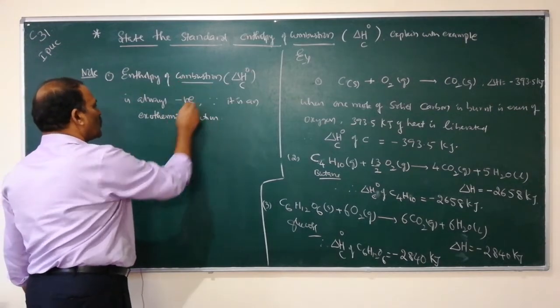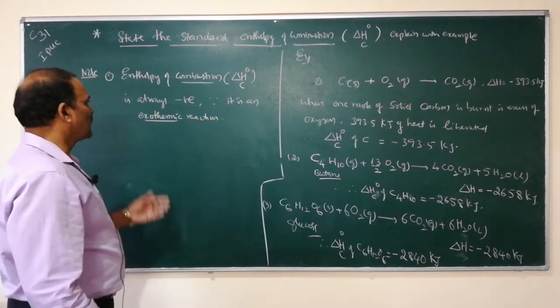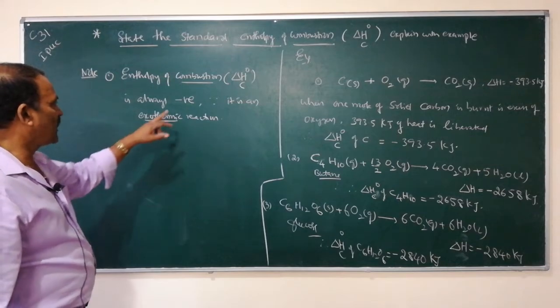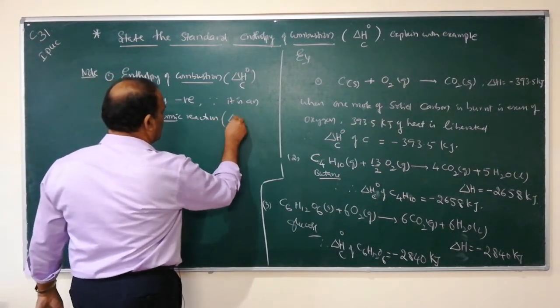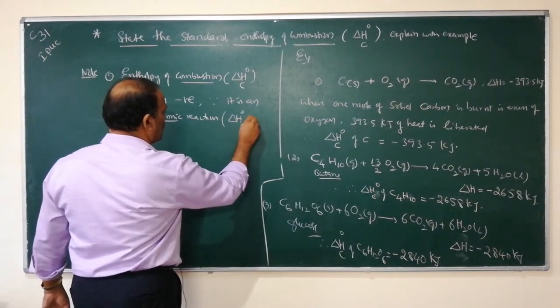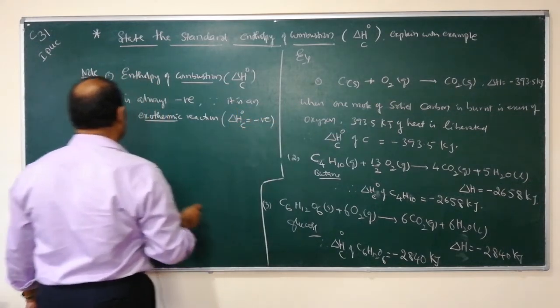Combustion is always an exothermic reaction. Therefore, heat is liberated and delta H is always negative. That is, delta Hc naught is negative.